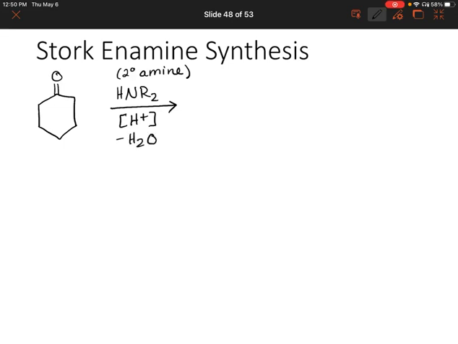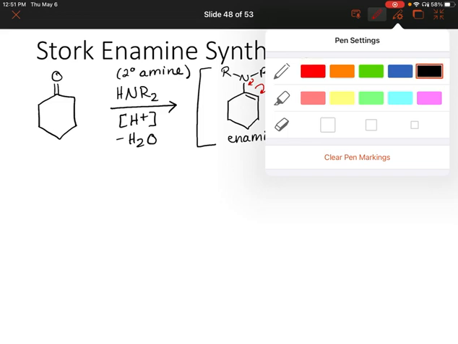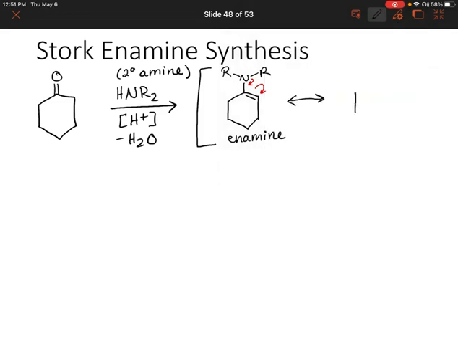And then we'll use that enamine to perform the 1,4 addition. Okay, so let's show the enamine that we would form here. It'll look very similar to the one we just drew. And let's just draw that resonance structure again, just for good measure, just to get some practice in.